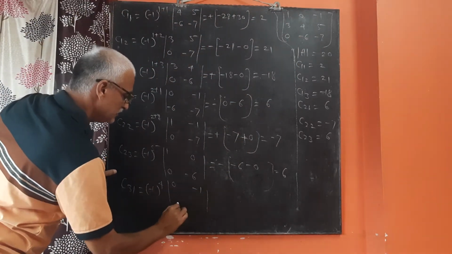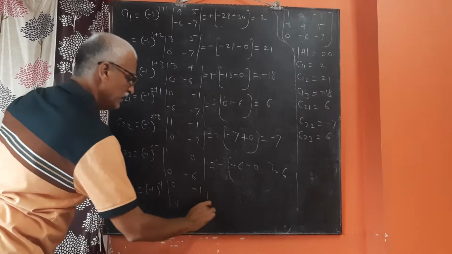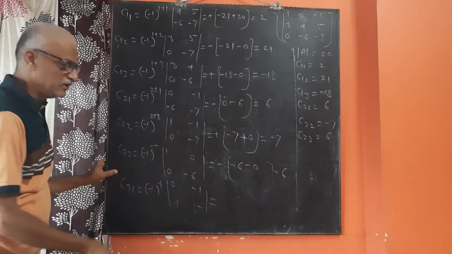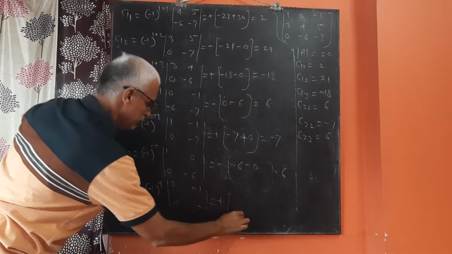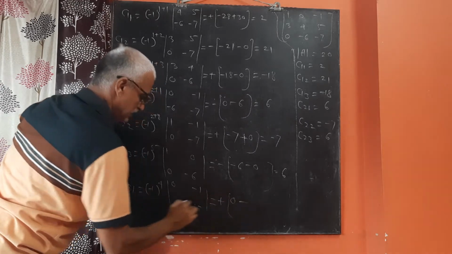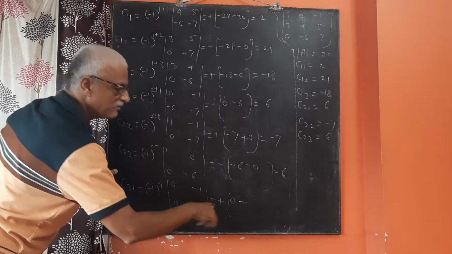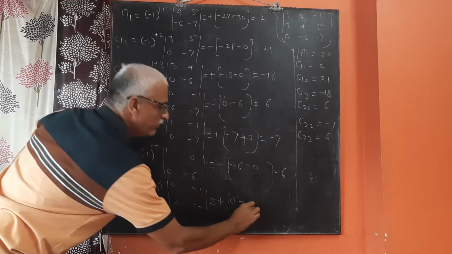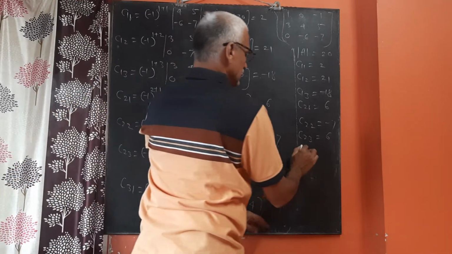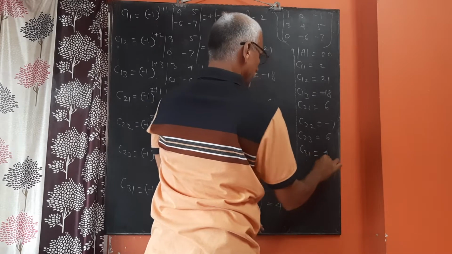That is equal to minus 1 raised to 4, positive, an even number, so positive of 0 into 5 is 0, minus 4 into minus 1 is minus 4, so minus becomes plus, that will be 4. So the value of C31 equals 4.